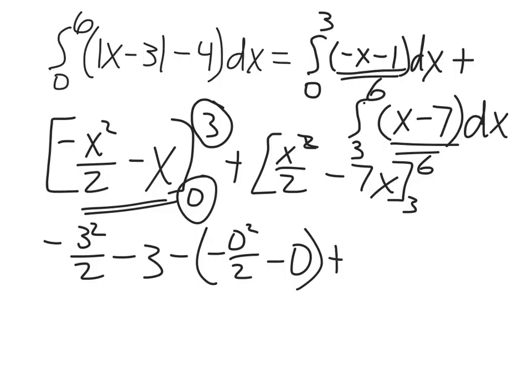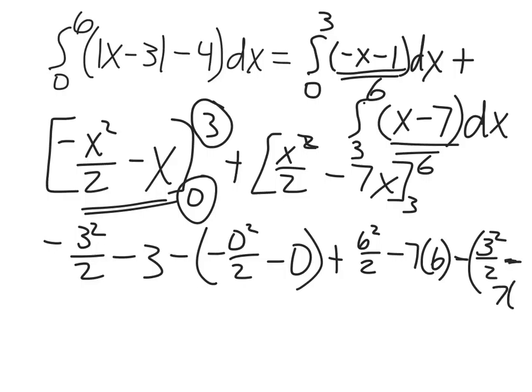And we do the same thing here for our second part. Plug in the top, subtract the bottom, and like normal, I run out of room. And now, just calculate all this.